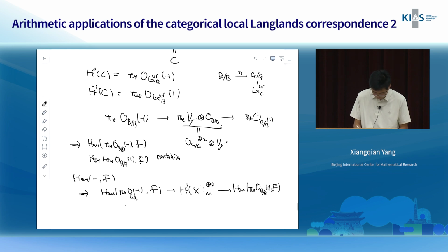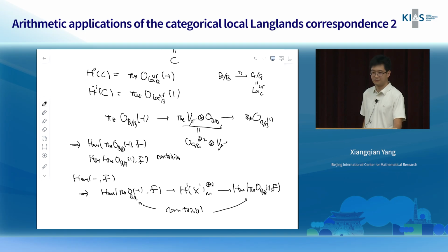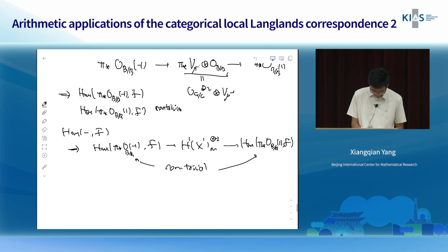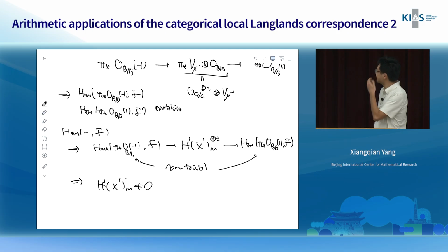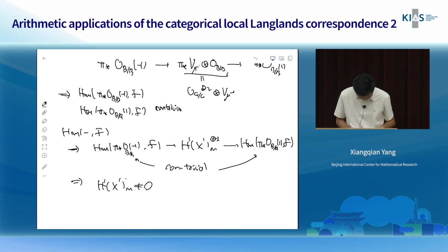And then we know that these two are non-trivial. That will imply that the middle one is also non-zero. Okay, I know it's a lot of details that need to be filled, but let me just stop here.